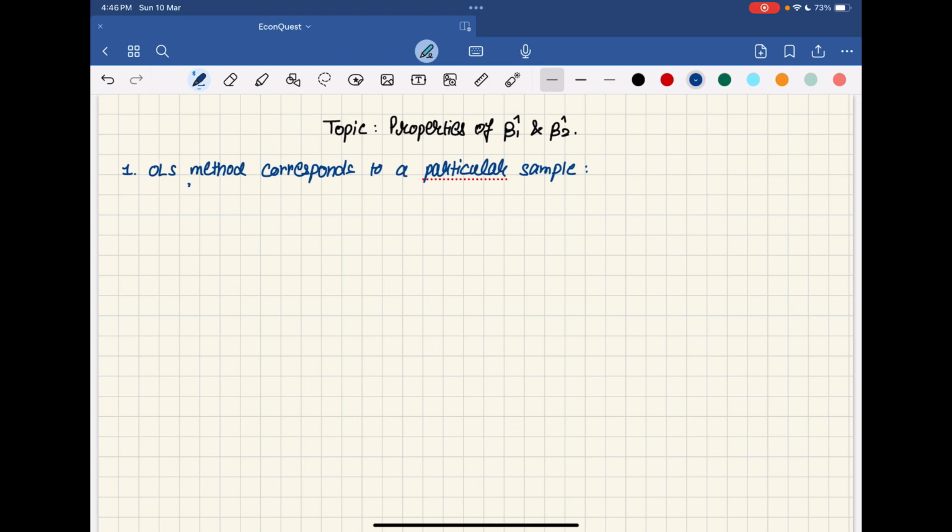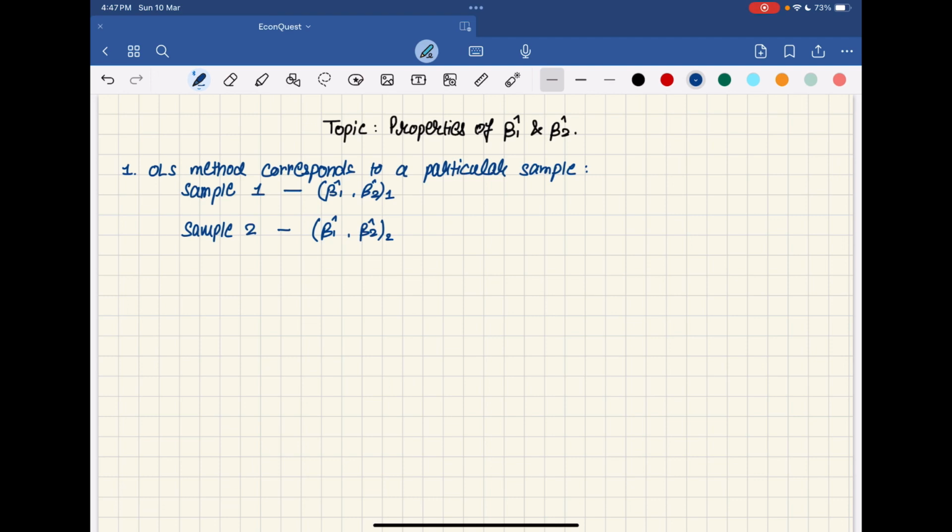It means if you have, let's say, sample 1, you get some pair of beta 1 hat, beta 2 hat from that sample. From sample 2, you get another pair of beta 1 hat and beta 2 hat. This is pair 1 and this is pair 2, right?